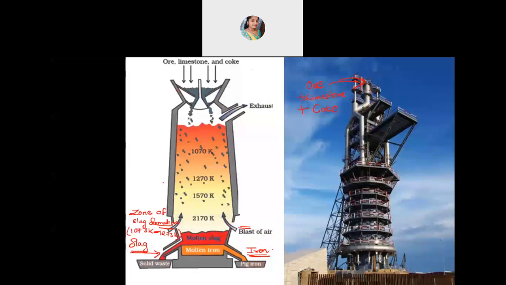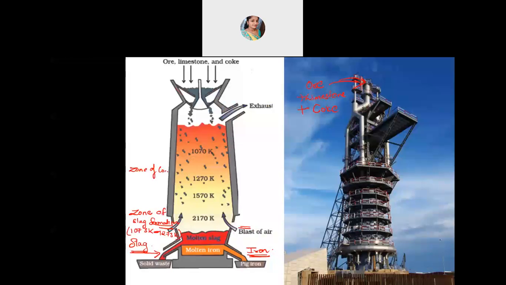Above this, the temperature will be a little less because the hot air is coming from the bottom region. As it goes up, you can see that the intensity will reduce, no? So here the temperature will be a little less. So this zone is the zone of combustion, in between.